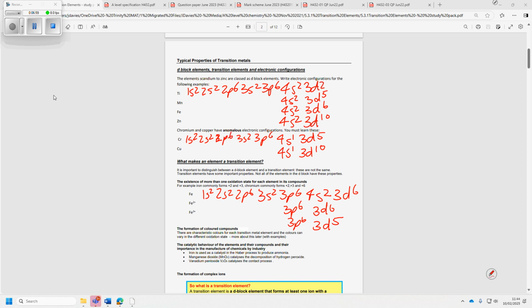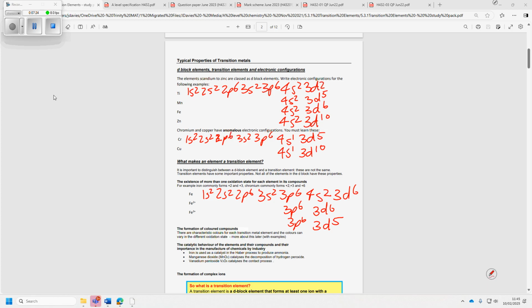Manganese dioxide, which biologists may be aware of, is a catalyst for the decomposition of hydrogen peroxide, and also vanadium pentoxide, V2O5, is used in the contact process to make sulfuric acid. And being aware of a couple of examples is really, really useful.